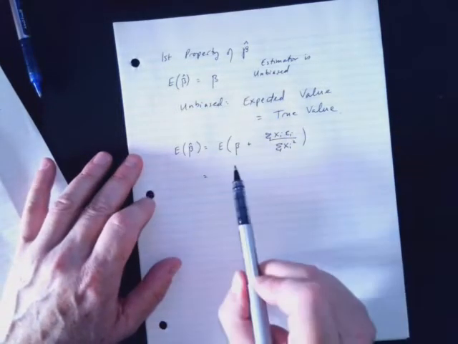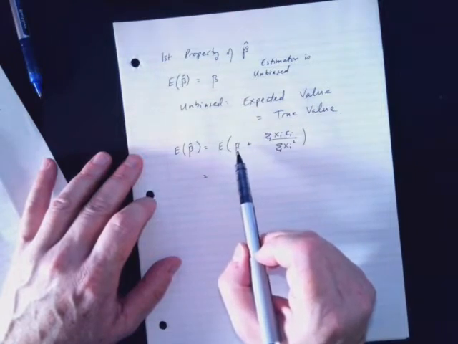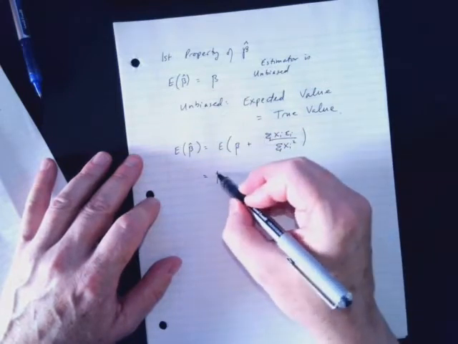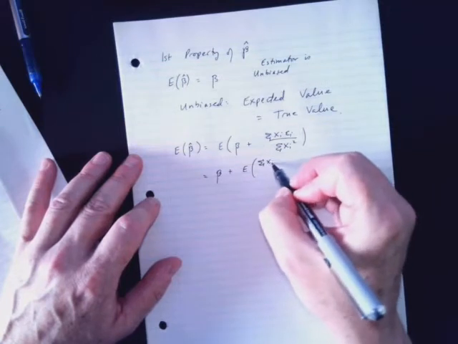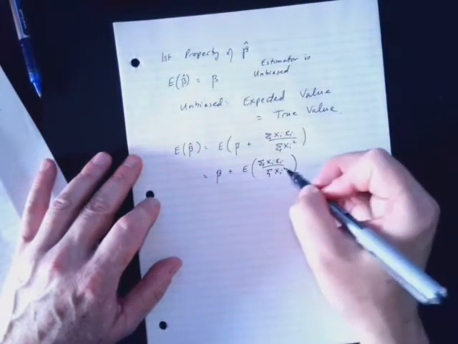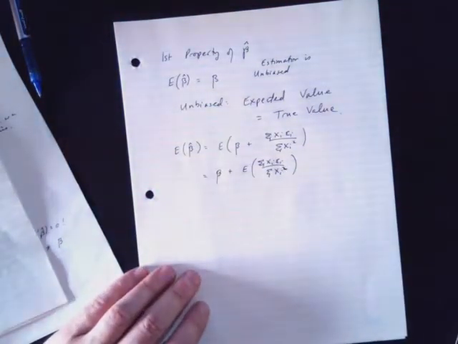Okay, now we're taking the expected value of the beta. We don't know what it is, but we do know it's a constant. So we can take it outside the expectation. So it's going to be beta plus the expected value of the sum of x times epsilon over the sum of x squared.